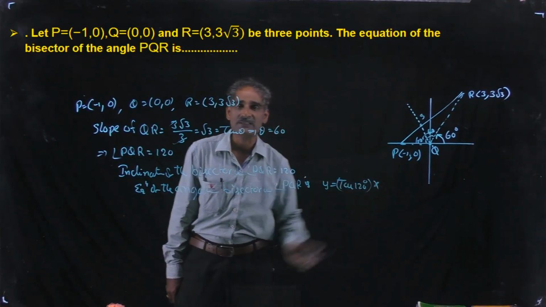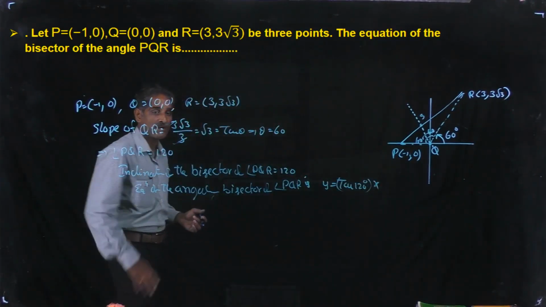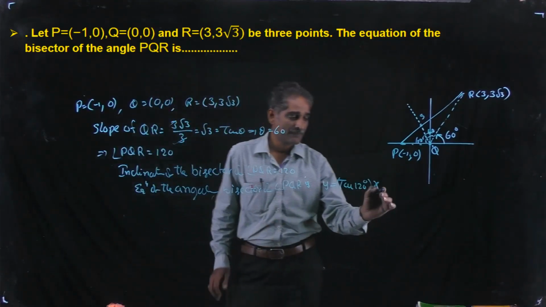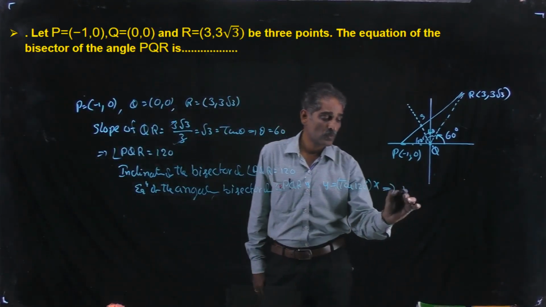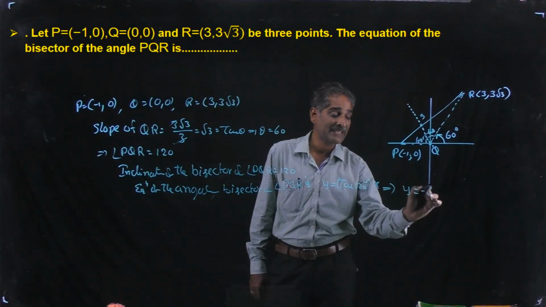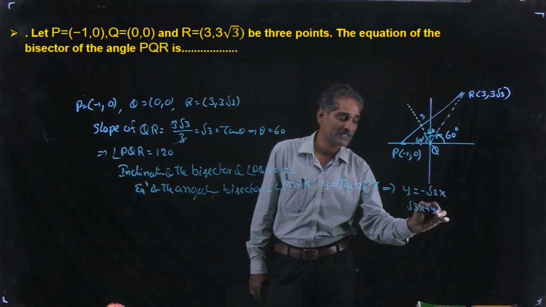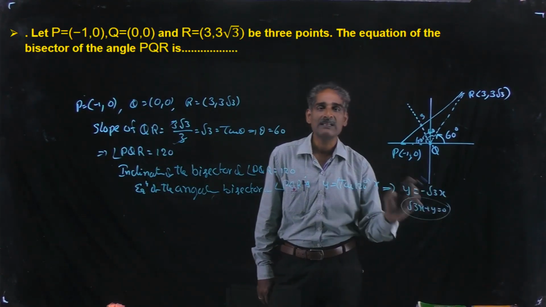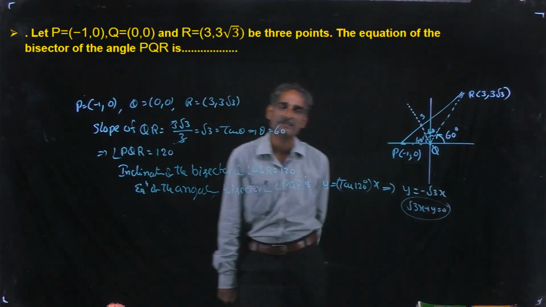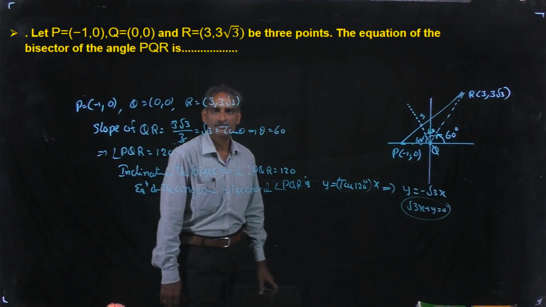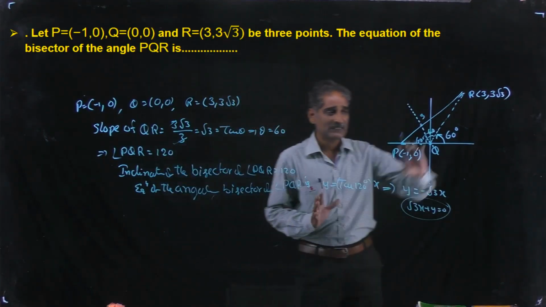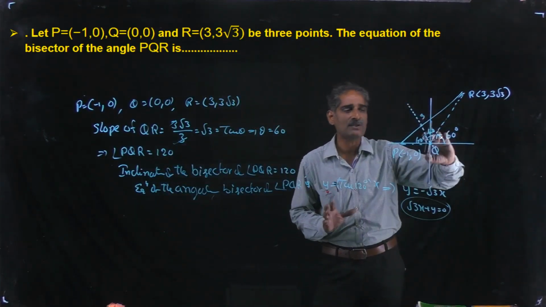The equation of any line passing through the origin is of the form y equal to mx. Therefore y is equal to tan 120 degrees x, which is minus root 3 x. Therefore root 3 x plus y equals 0. This is the equation of the angle bisector of PQR. This equation mainly depends upon the inclination.